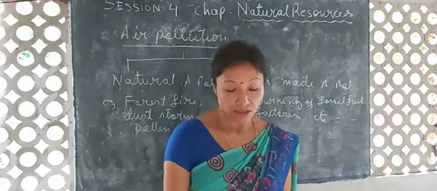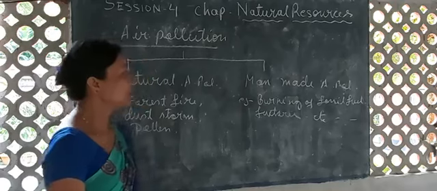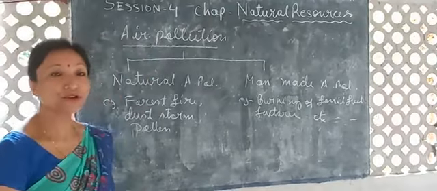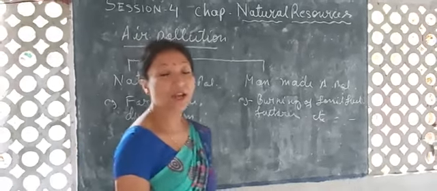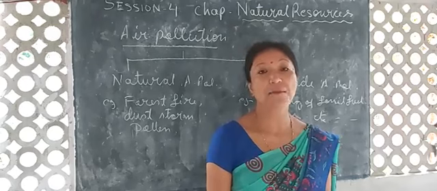So these are some of the examples which we can put under man-made air pollution. So air pollution we can categorize into two categories: one will be the natural air pollution and the other one will be the man-made.